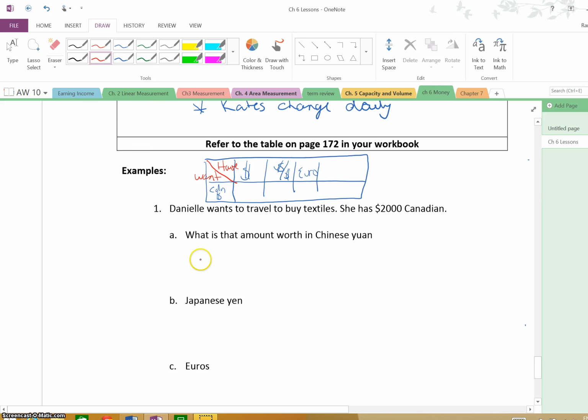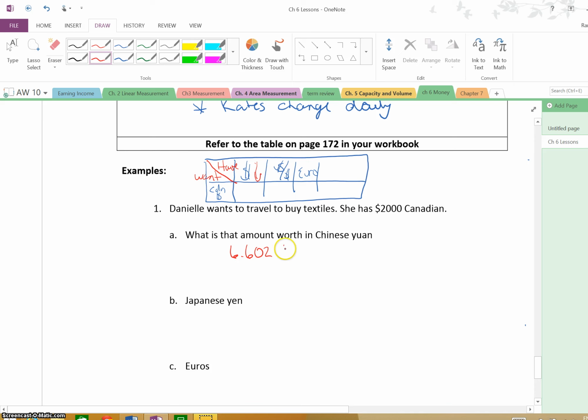So for example, I want to know what $2,000 Canadian would be in the Chinese yuan. So when I look at the Canadian dollar, I'm going to look here and I'm going to go down. I'm going to find out what the value is for the Chinese yuan, which is 6.602.